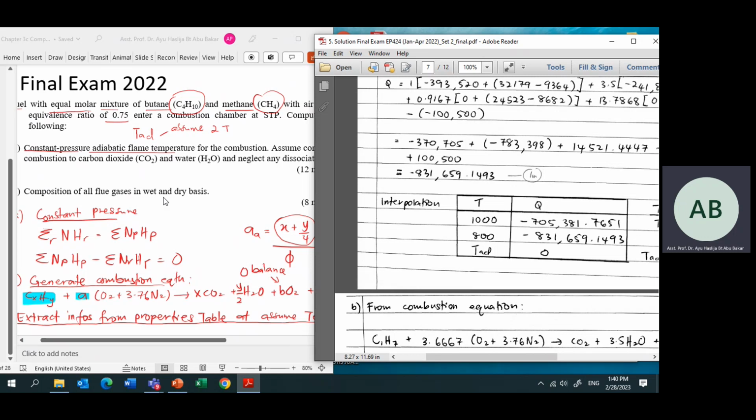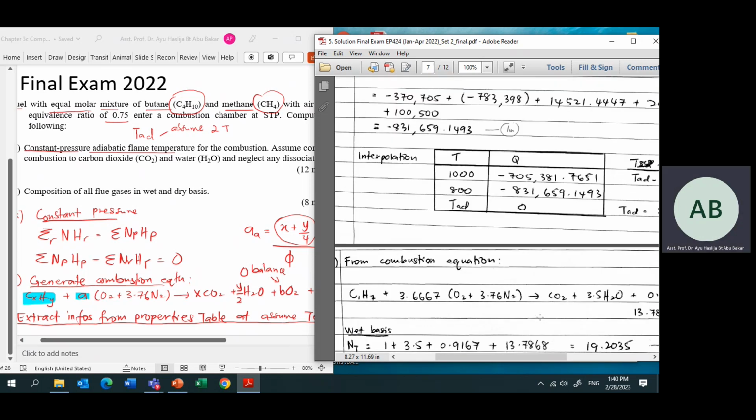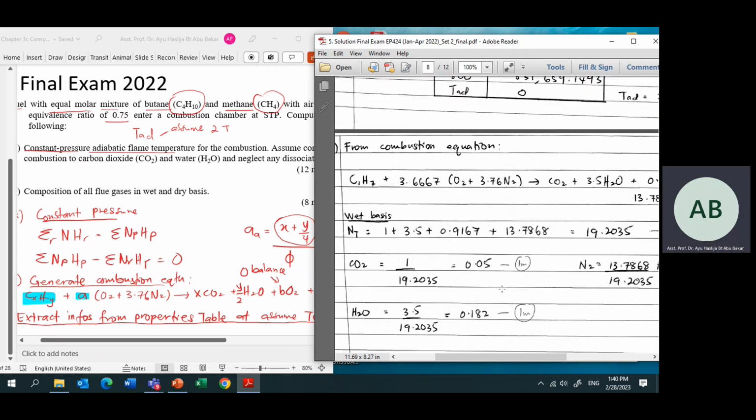For B, after you obtain the final combustion equation, then do the fraction. This one is slightly different from the actual answer, since C here should be 2.5. But roughly this is the method of how to solve it.